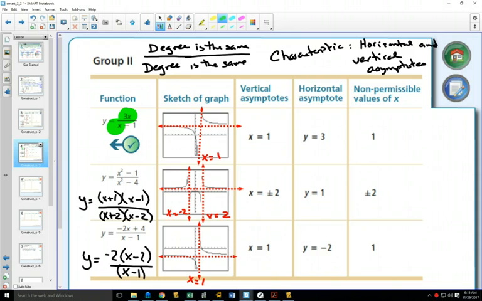If you simplify 3x over x, you just get 3. And that will always be your horizontal asymptote. Because if x was really, really big, like 1 billion, can you see that you would have 3 billion divided by 1 billion minus 1, which is really, really close to 3.